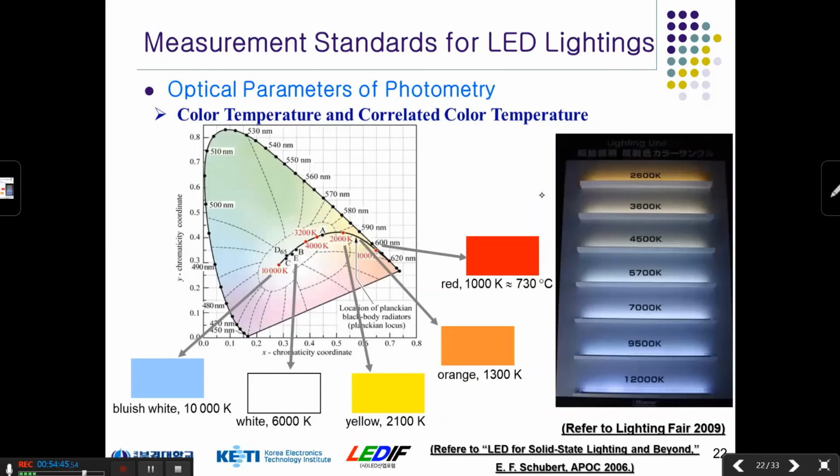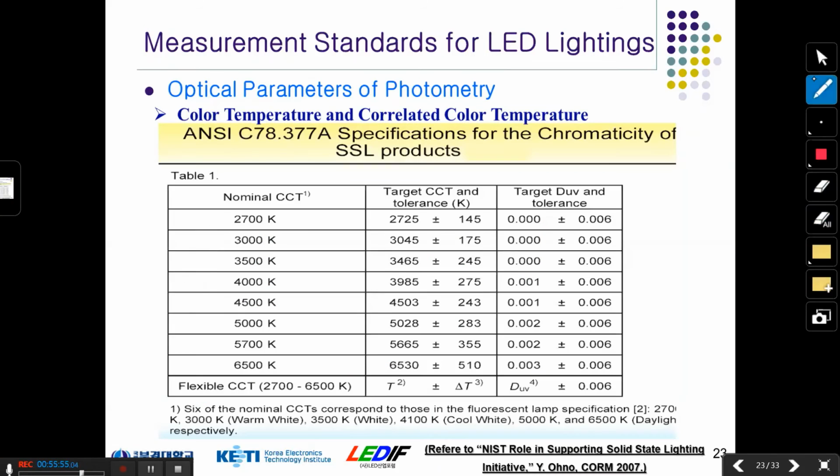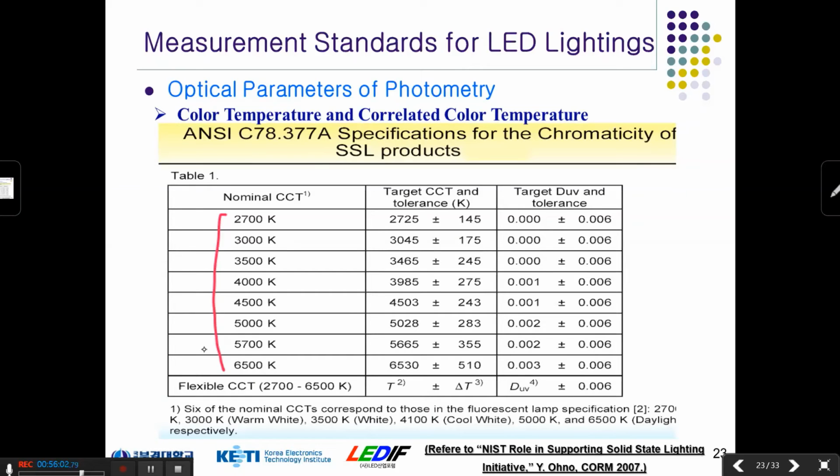This slide shows the colors of the color temperature and the corresponding colors of LED lightings. This slide shows the nominal CCTs with A grades, which are defined in the NC 378.377A specification.